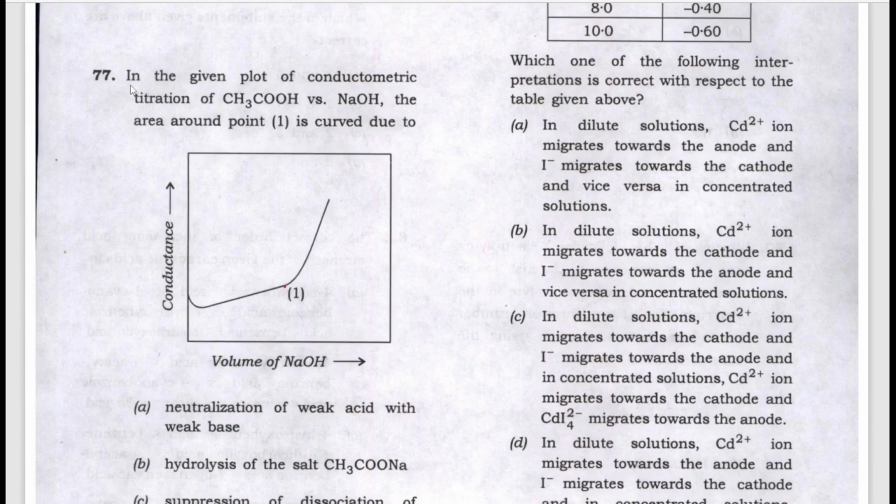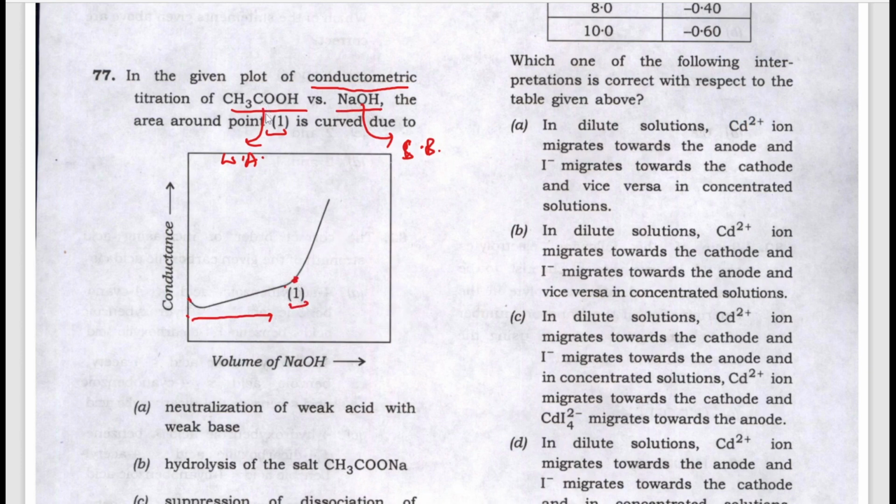In the next question, in the given plot of conductometric titration of acetic acid versus sodium hydroxide, the area around point 1 is curved due to. Okay, this is a conductometric titration between acetic acid, which is a weak acid, and sodium hydroxide, which is a strong base. When acetic acid is reacted with sodium hydroxide, on adding sodium hydroxide, highly ionized sodium acetate is formed, and thus the conductance begins to increase up to this point.